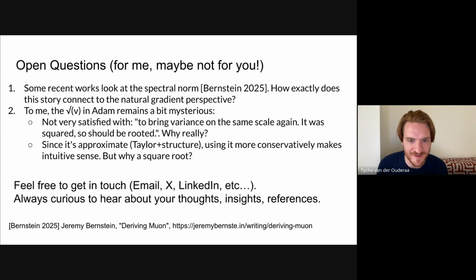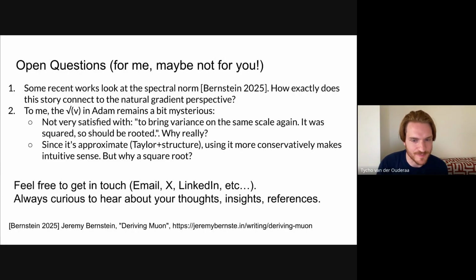So one question I still have is the square root. There are many interpretations of why it's needed. I think like in Adam, even in the KFE, we found the square root to be needed. Sometimes you hear this is needed because it brings it to the same scale again: it's a squared gradient, so you squared once, then you need to take the square root. But I don't find this as satisfying.